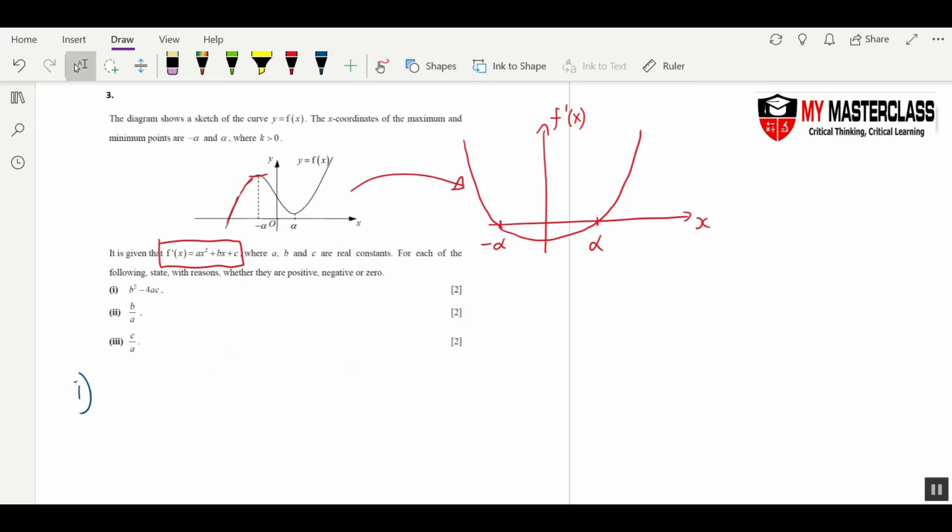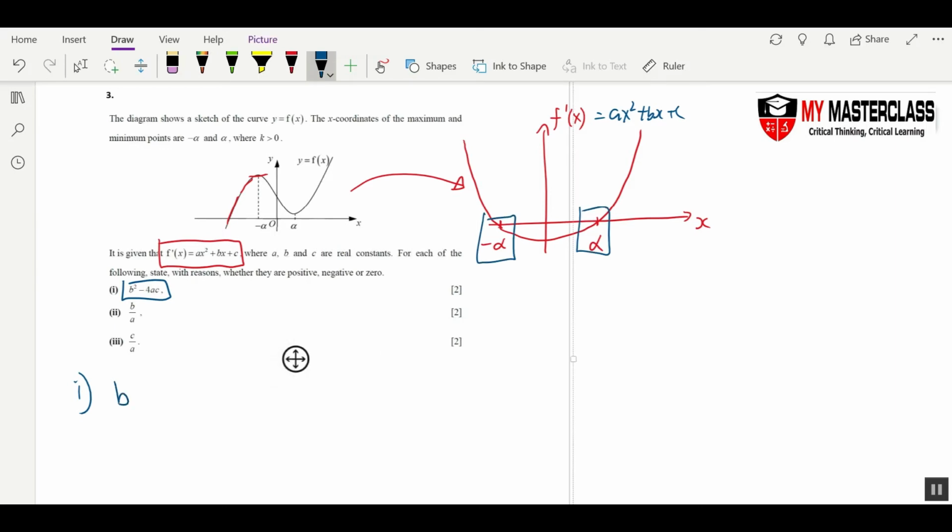So for part 1, b squared minus 4ac. I like this question a lot and I always discuss it with all my Sec 4. b squared minus 4ac, when do you see this? Sec 3, right? Second topic, discriminant, yeah? And what is the significance of b squared minus 4ac? So now, because this is your ax squared plus bx plus c, how many roots are there? 2.